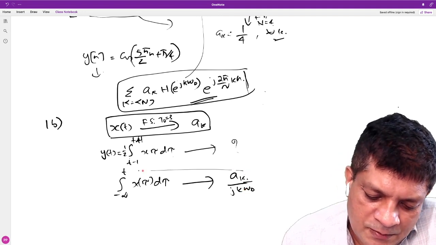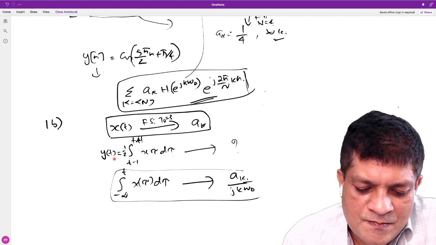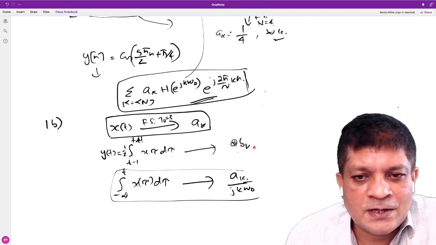Now, if you are given this, can you find the Fourier series coefficients of this, let's say b_k? What is that?